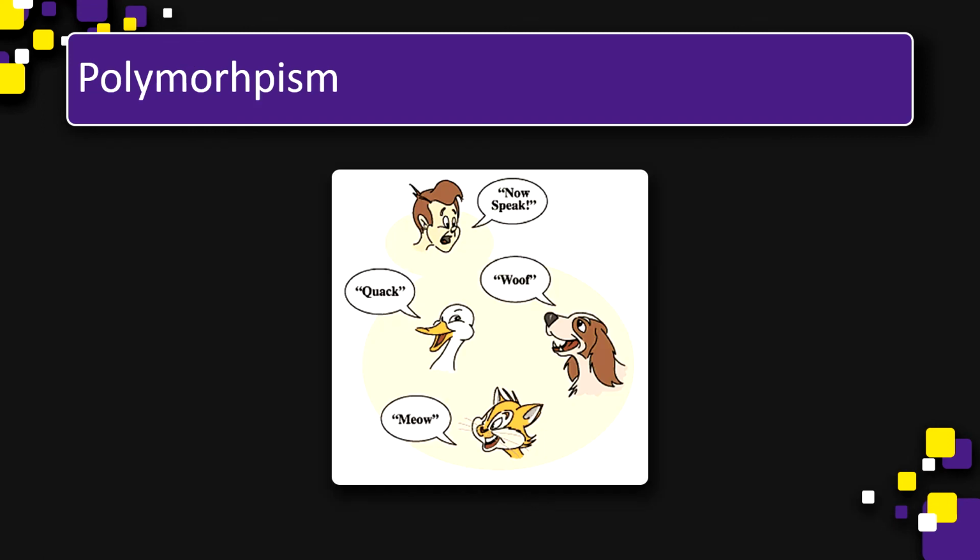In this picture that I have on the screen, we have different animals all saying their associated sounds. We have a duck, a dog, and a cat. The duck says quack, the dog says woof, the cat says meow, and then we have a person telling them all to speak. In the same way that we might overwrite specific values for the number of doors in that abstraction I showed you earlier, we might also have them behave differently for different methods.